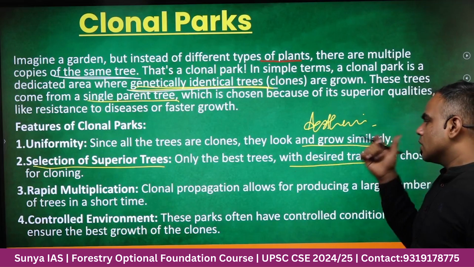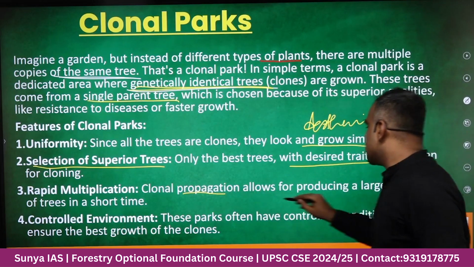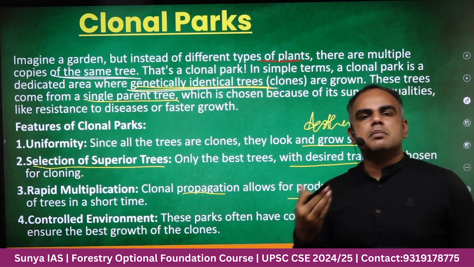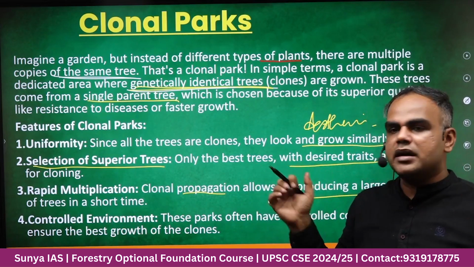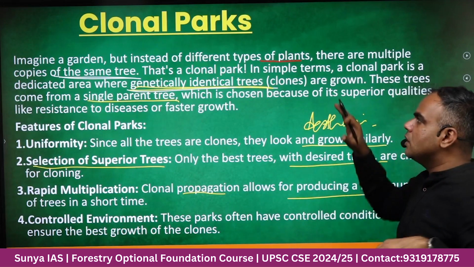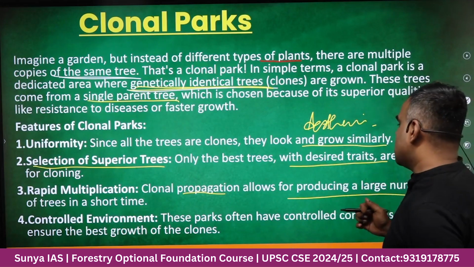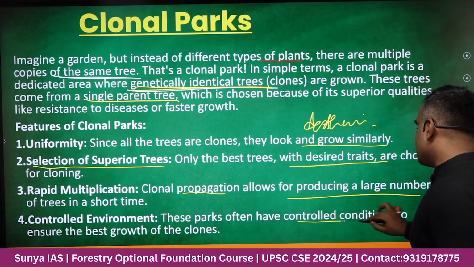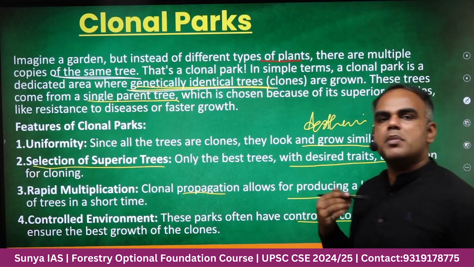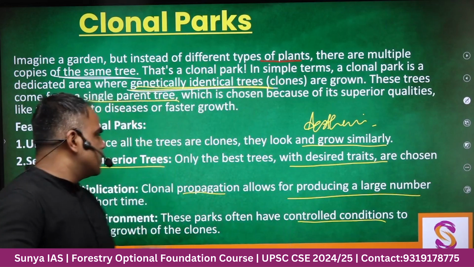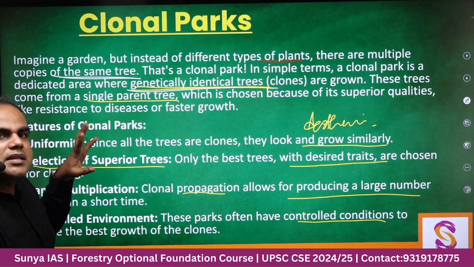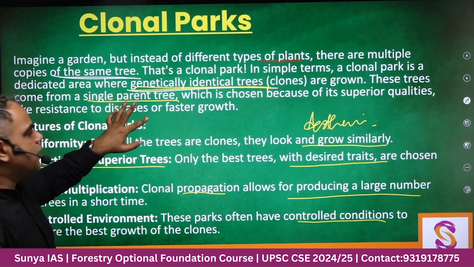Okay, then clonal propagation allows for producing a large number of trees, because it's a process in which you can mass produce, so rapid multiplication can happen in clonal parks. Okay, and lastly they have controlled conditions, because the environment is controlled. You want to rapidly multiply, you want desirable characteristics, so this is done through a controlled environment. This is the idea of clonal parks.